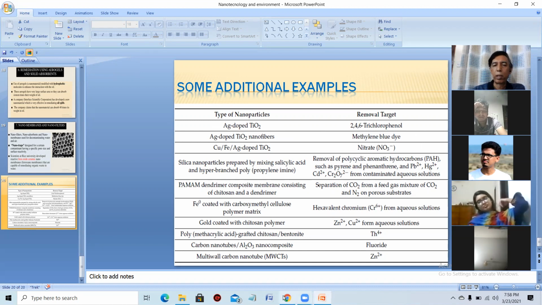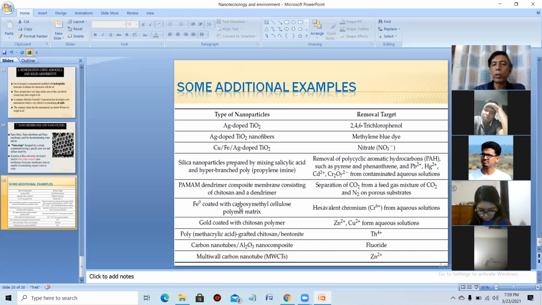That is the target. You see, multi-walled carbon nanotubes can be used for zinc ion. Carbon nanotubes can be used to remove fluoride ion. Gold coated with chitosan polymer is used to remove zinc and copper from the aqueous solution.